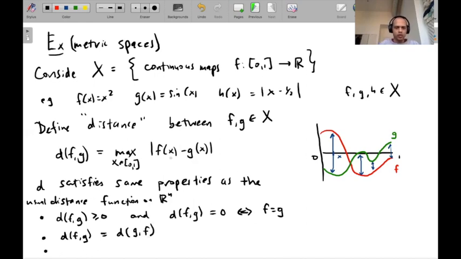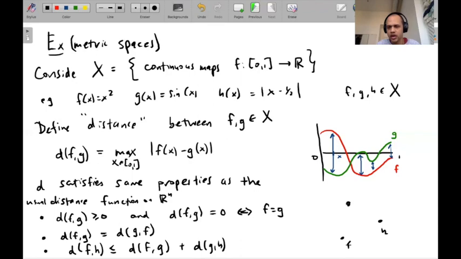Which follows just immediately from this expression. And then the third property is the so-called triangle inequality, which is this inequality here, which says that the distance between f and h is less than or equal to the sum of the distances between f and g and g and h, just like in a triangle.